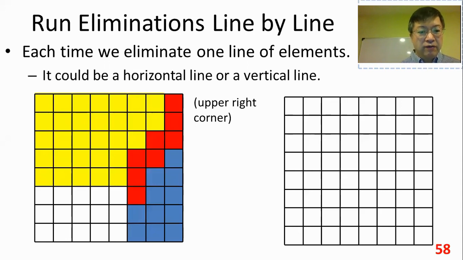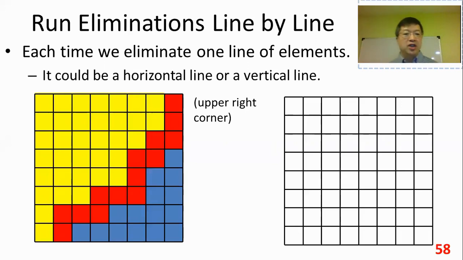Next, vertical line eliminated. Next, another vertical line eliminated. Next, horizontal line eliminated. Next, vertical line. Next, vertical line. Next, horizontal line. Next, horizontal line. So then we finish processing the whole square.